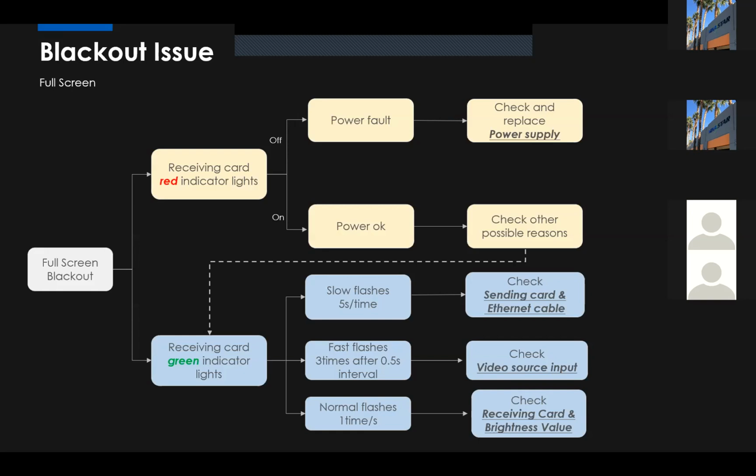Here, please pay attention. This is not the only idea, but it can provide a kind of suggestion reference to you. Please form a habit of observing the indicator light of the receiving card to find the problem.